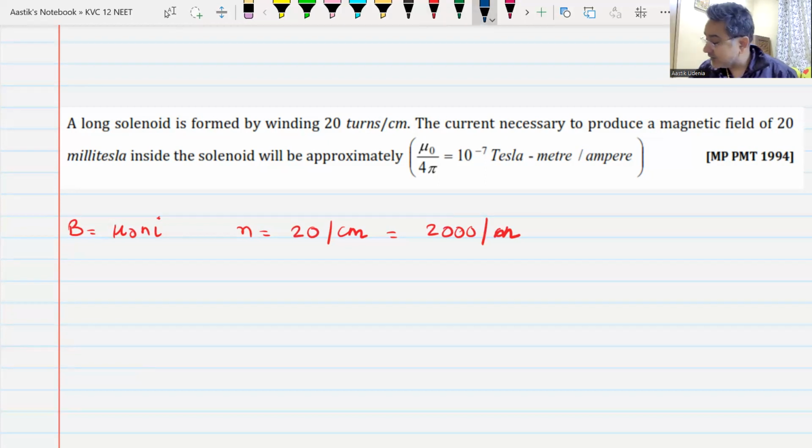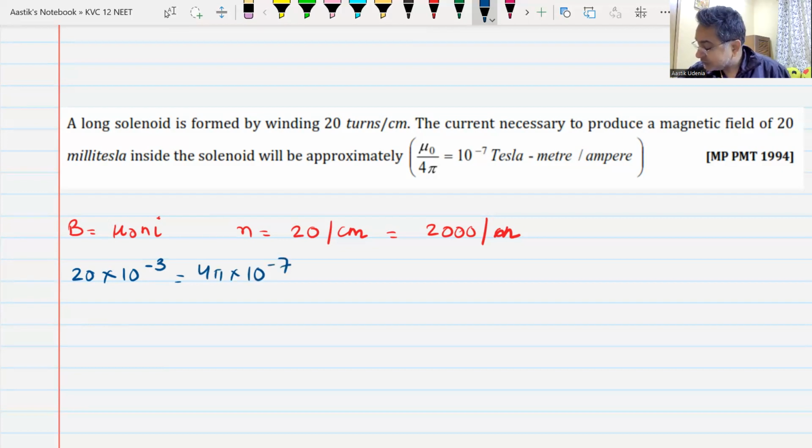The value of magnetic field is given. Magnetic field is 20 millitesla. So 20 into 10 raised to the power minus 3 tesla will be equal to mu naught, which is 4 pi into 10 raised to the power minus 7, multiplied by number of turns 2000, multiplied by the current I. When you calculate this, you will get the required answer.